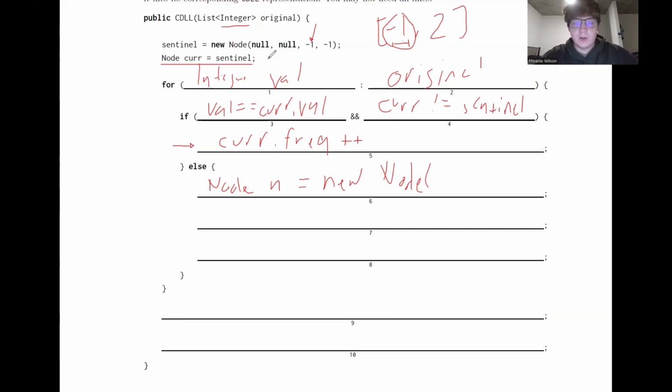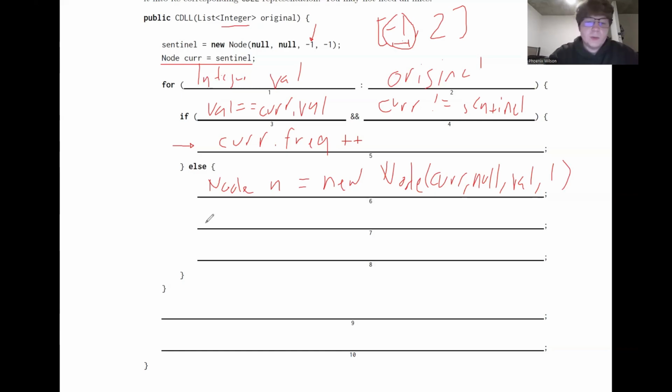So remember, the new node always points back at the current node, like we saw earlier. We don't know what the next node will be, so we'll just leave this as null. We'll set the value to be equal to whatever value we're at in the original list. And we'll set the frequency to be 1 because we've only seen one of that value so far.